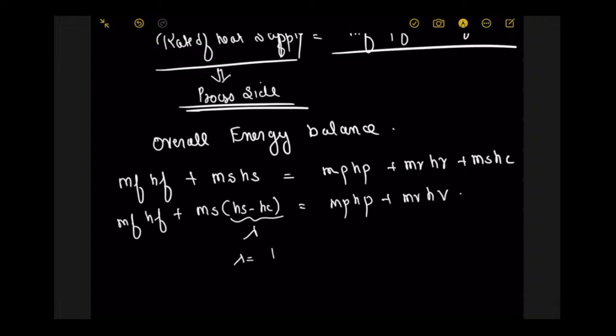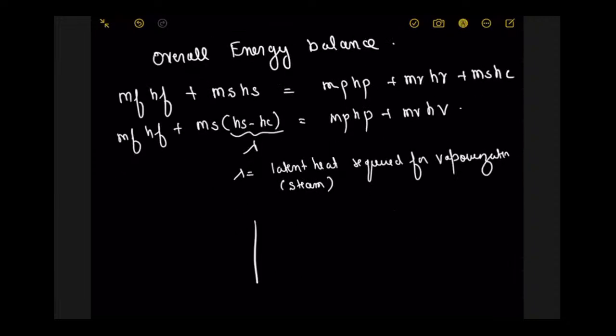This lambda is latent heat required for vaporization, steam side. Okay, this is the overall energy balance.